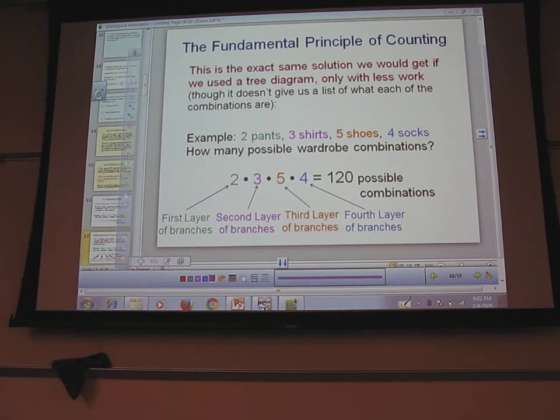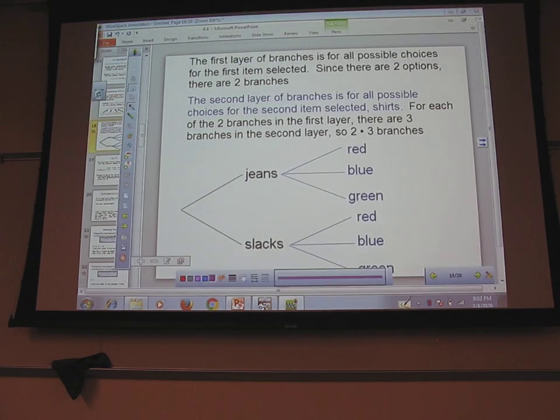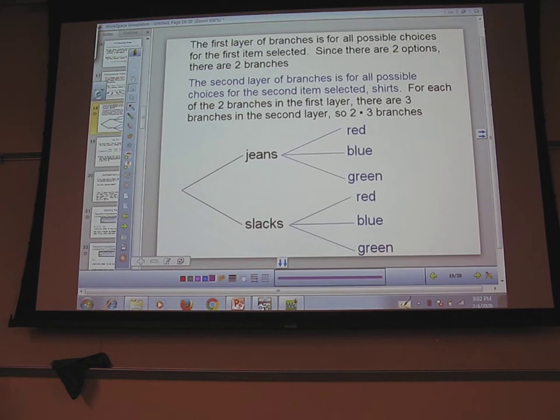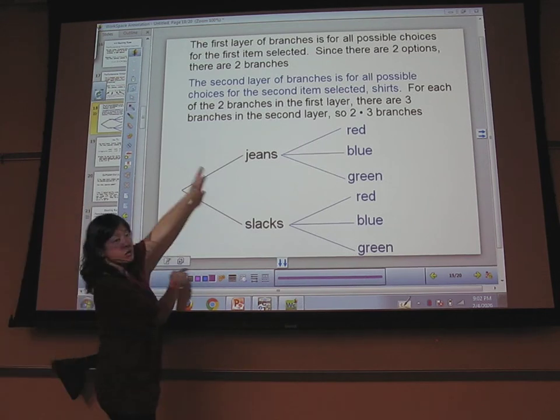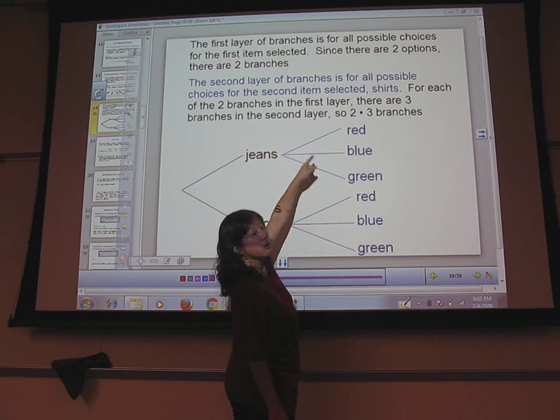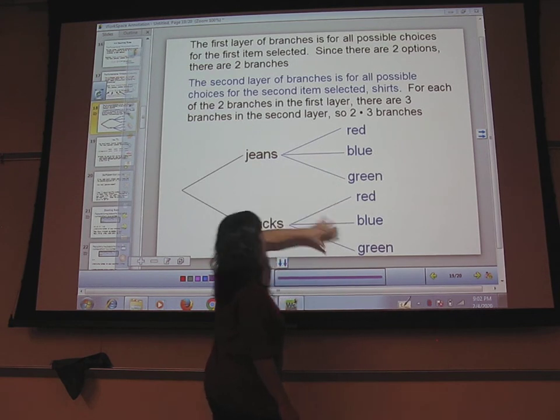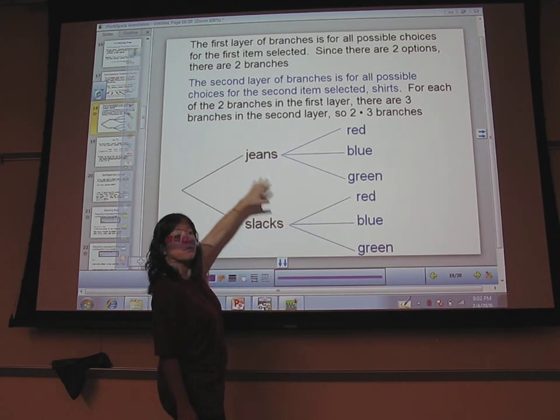I'll show you the first couple layers. So I have 2 choices for pants, jeans or slacks. No matter which one I pick, I have 3 shirts. So I have a group of 3. How many groups of 3 do I have? 2, because there's 2 things here.